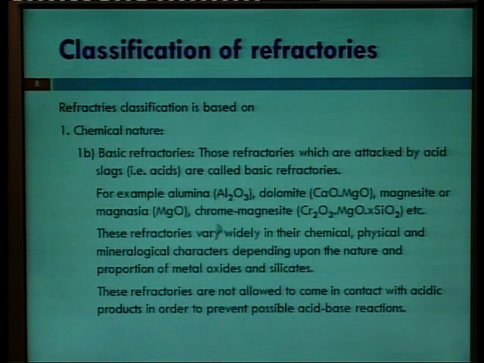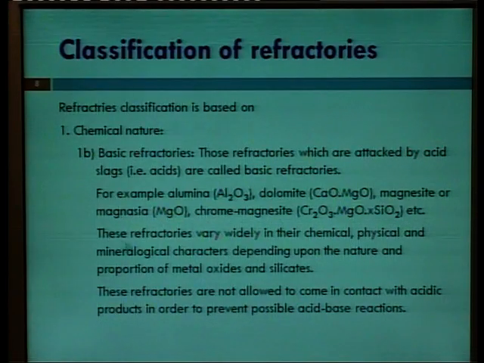Mainly they are composed of metal oxides, and hence we can place these refractories under basic refractories. This is a simple trick. Of course, the chemical composition has to be determined qualitatively and quantitatively before we decide where to place it, but by looking at the metal oxides we can definitely say it is a basic refractory.